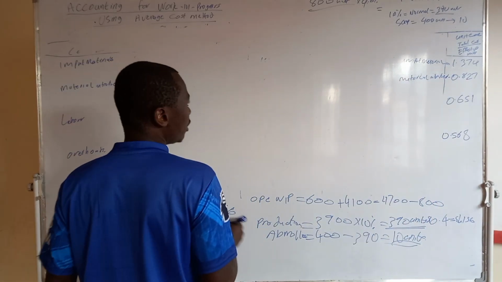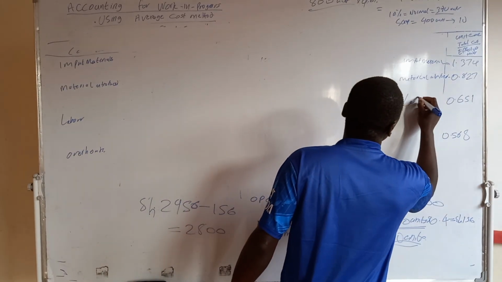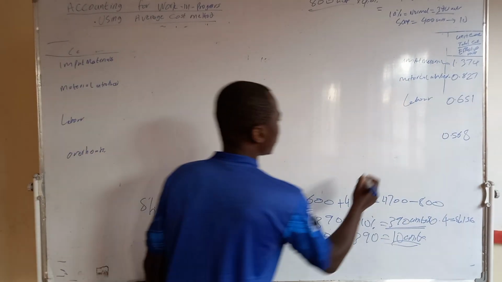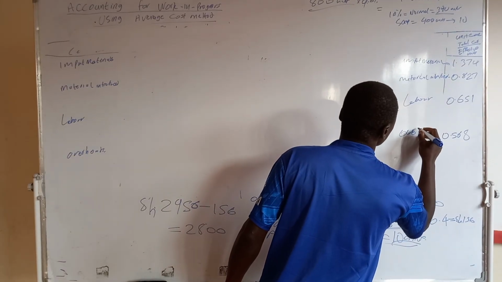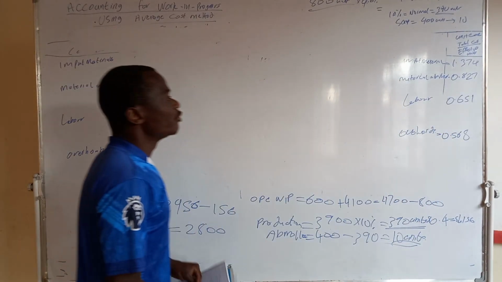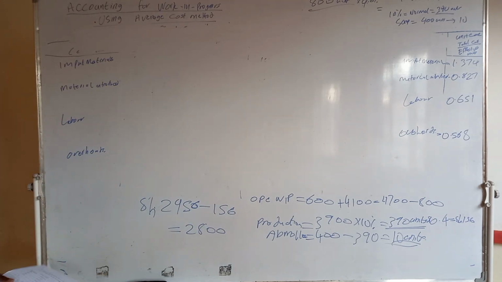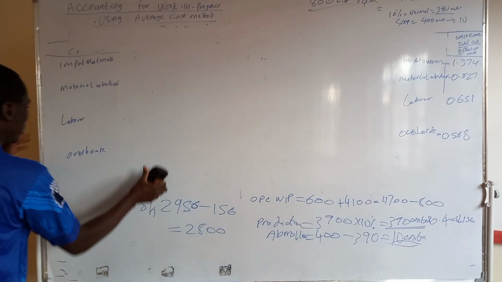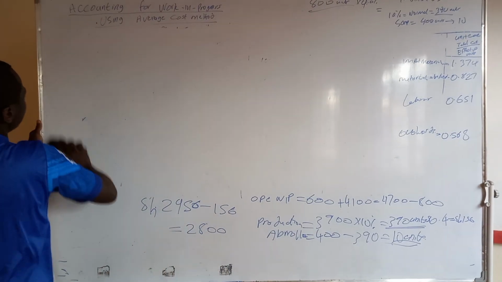And this one is labor. This is overheads. Now, those are the rates in terms of the cost elements we have. Now we can completely do away with this.